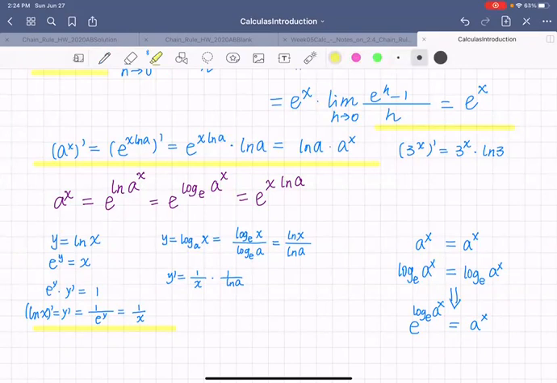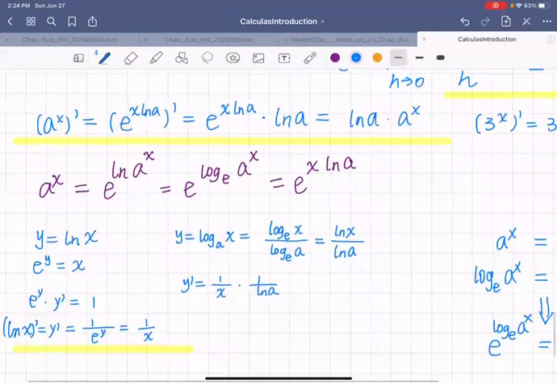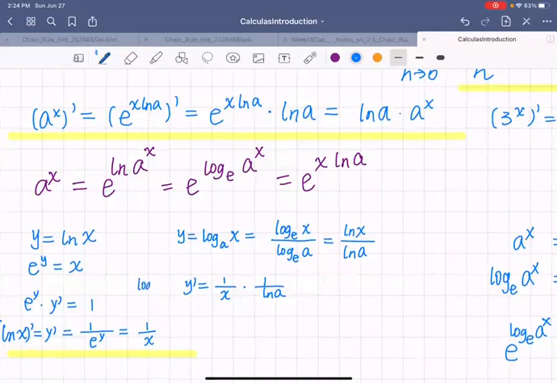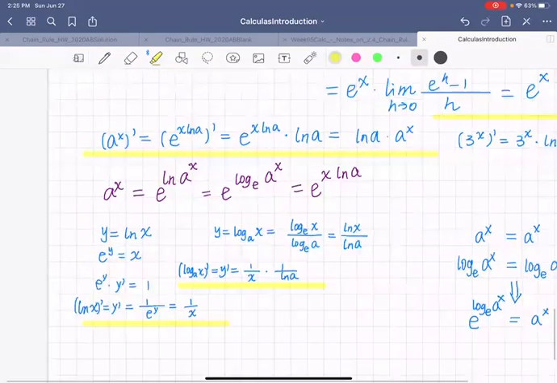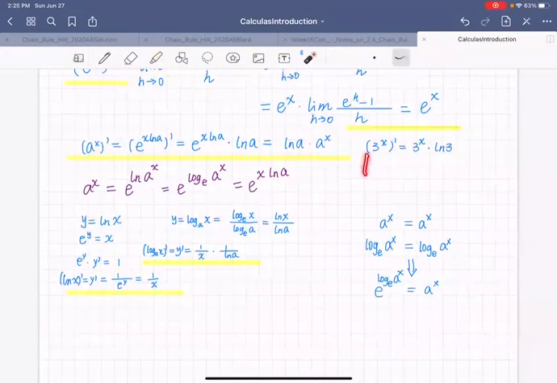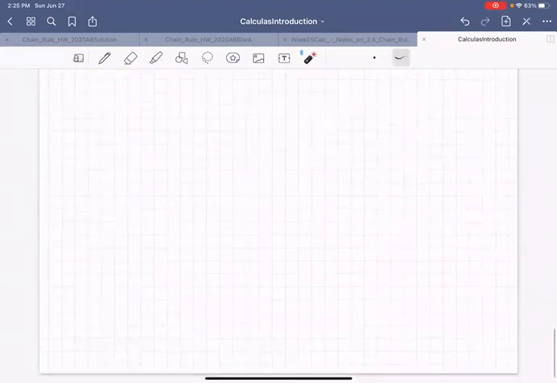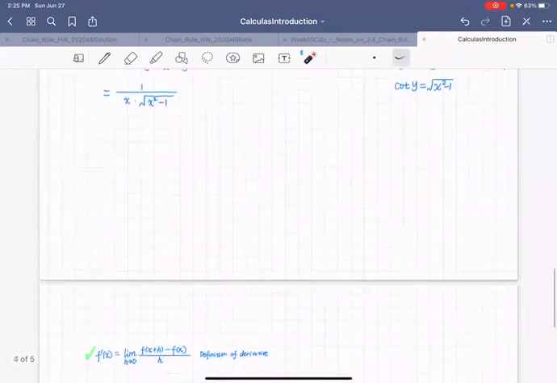And the derivative of log base a of x equals 1 over x times 1 over ln a, okay? For all those yellow highlighted, you have to know how it comes from and what the conclusion is, so that you can work out the hard questions.